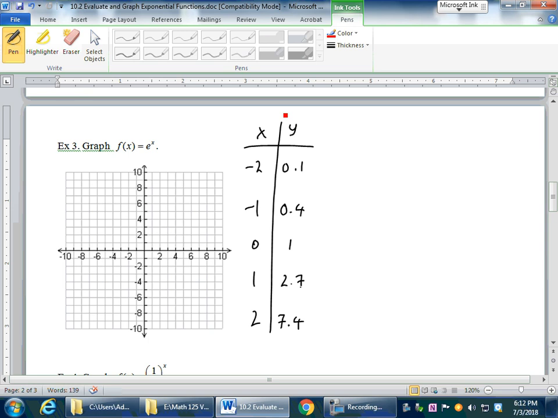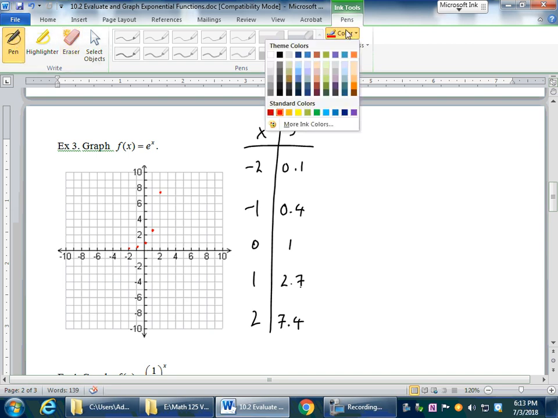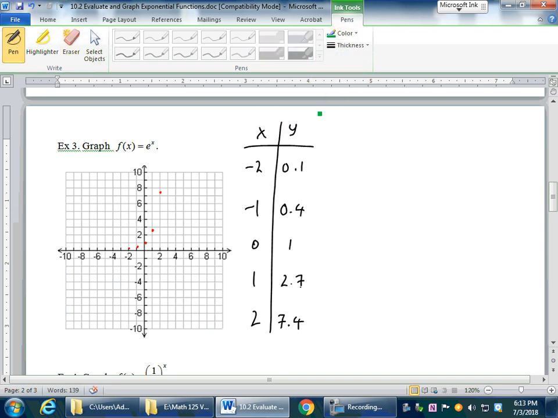So we can graph it. At 0 will be 1, and at 1 will be 2.7, and at 2 will be 7.4, and -1 will be 0.4, and then -2 will be 0.1, which is very close now. So again, you can see that there is a horizontal asymptote that limits the graph.